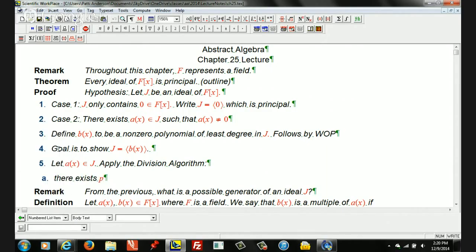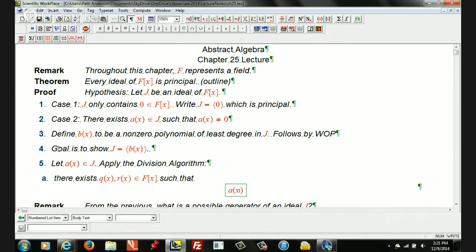There exist Q and R. And what properties do we know about A(x)? A(x) is equal to B(x)Q(x) plus R(x).